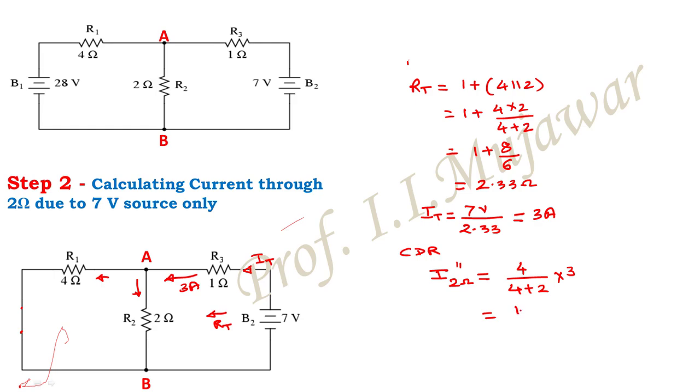So that comes to be 12 divided by 6, that is 2 ampere. Now this 2 ampere current is again flowing in the downward direction, that is A to B. So let this be equation number 2. The previous is equation number 1.